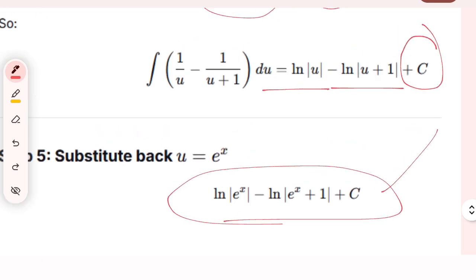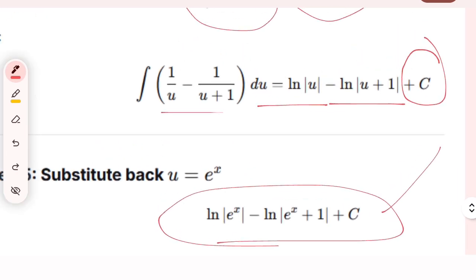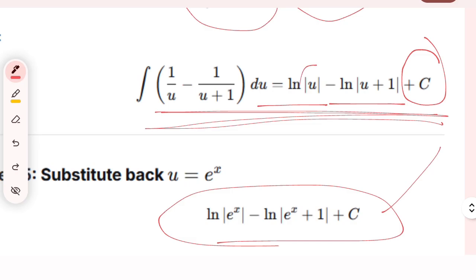So, by the way, this is not the answer yet. Why? That's because there is still u. Remember, we let u equal e to the x. So that means we will put e to the x back. So we replace u by e to the x. All the u's there should be replaced by e to the x.